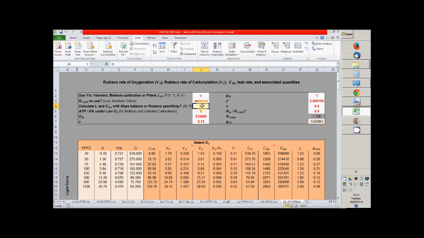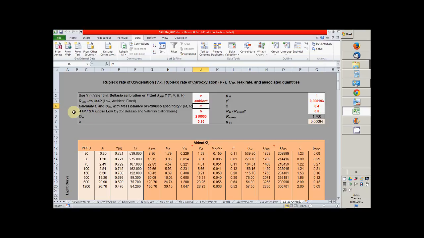Here in cell J4, it is requested to specify what type of calculation to use. These are two different logics. One uses a mass balance approach, and another uses a Rubisco specificity approach. Whether to select one or the other may depend on the structure of the error in the dataset and the purpose of the analysis.